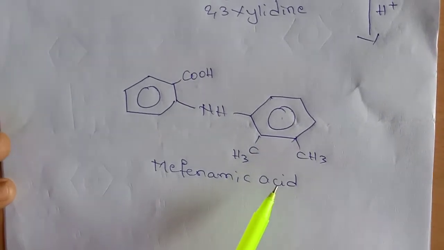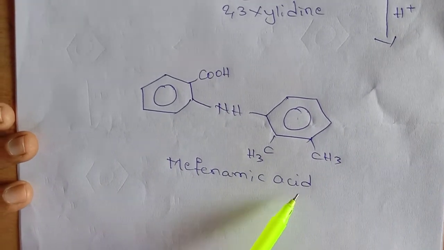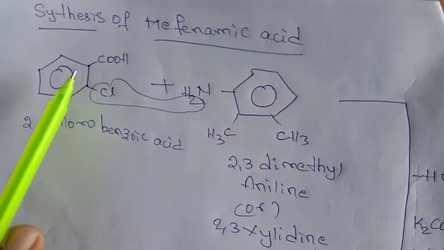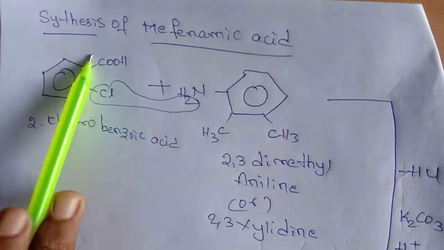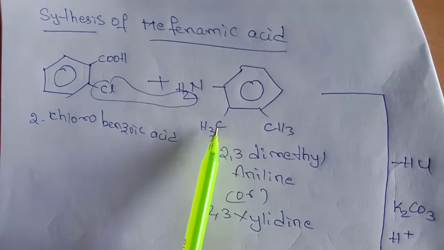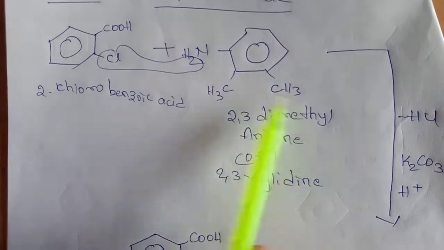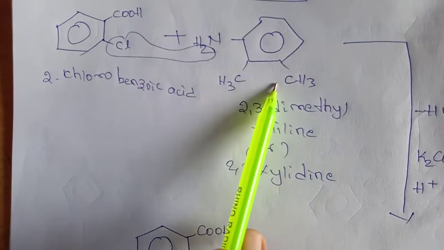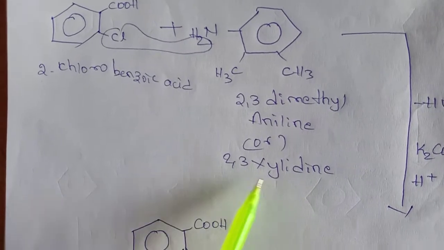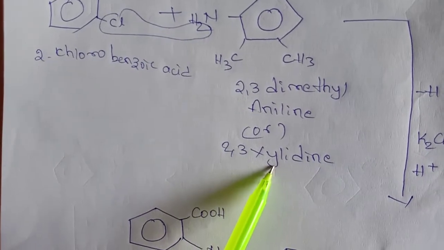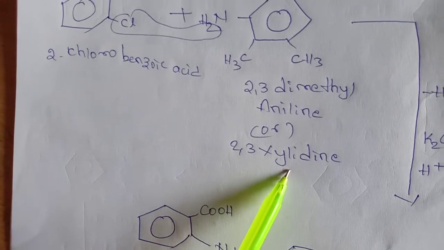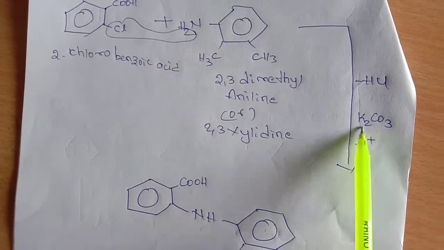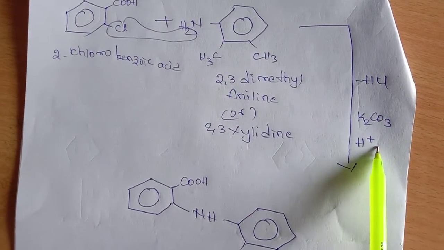So for the synthesis of this mefenamic acid, the starting material is 2-chlorobenzoic acid. It is treated with 2,3-dimethyl aniline, otherwise also called xylidine, and it is treated with K2CO3 in the presence of an acid.